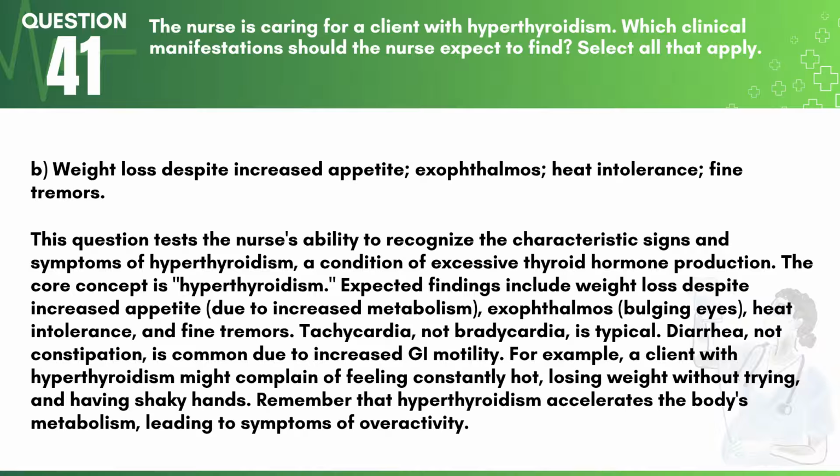Tachycardia, not bradycardia, is typical. Diarrhea, not constipation, is common due to increased GI motility. For example, a client with hyperthyroidism might complain of feeling constantly hot, losing weight without trying, and having shaky hands. Remember that hyperthyroidism accelerates the body's metabolism, leading to symptoms of overactivity.